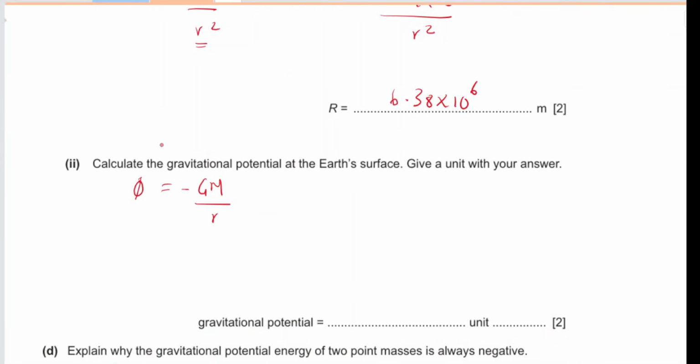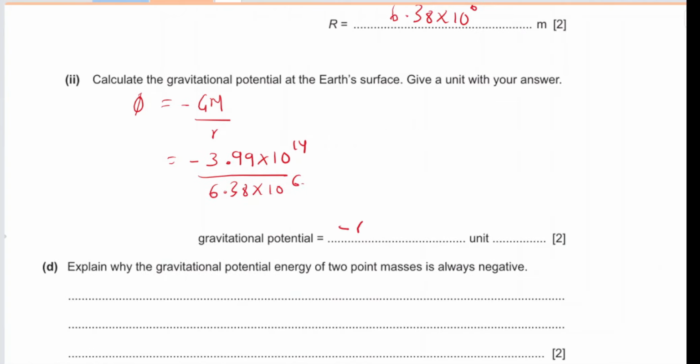So it's going to be negative 3.99 times 10 to the power 14, and we have the r here, which is 6.38 times 10 to the power 6, and you should get your answer as negative 6.25 times 10 to the power 7.